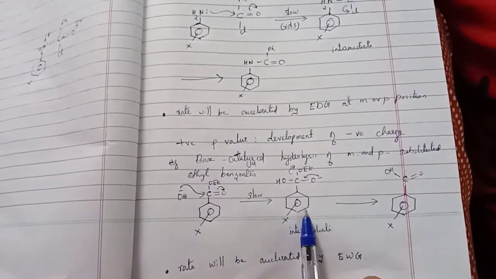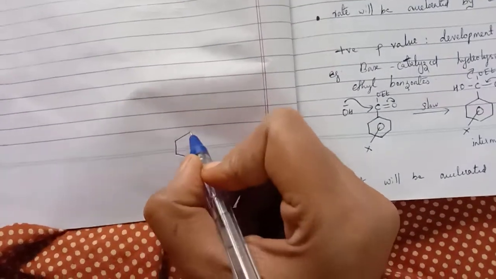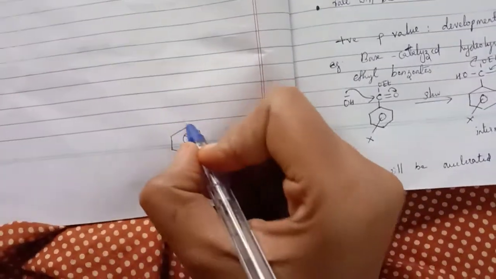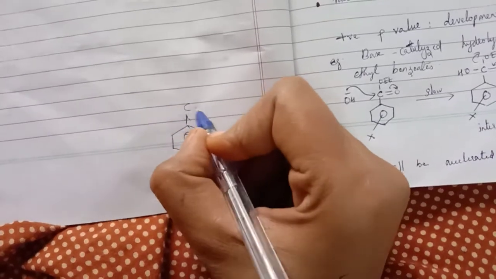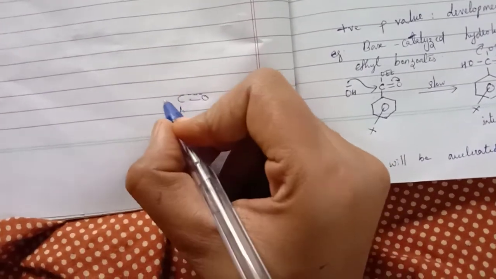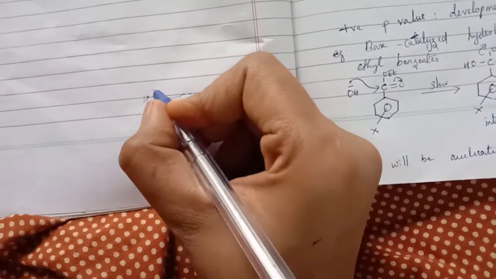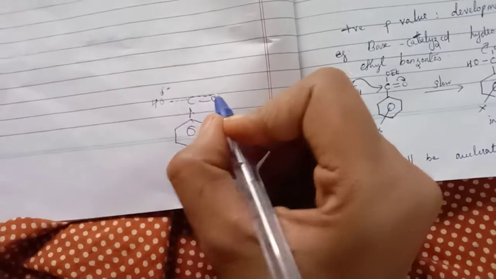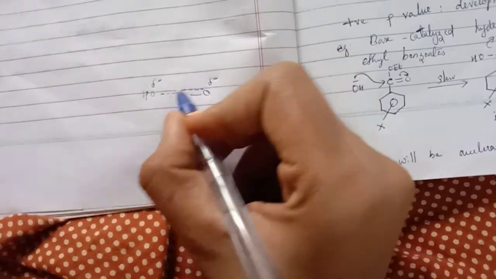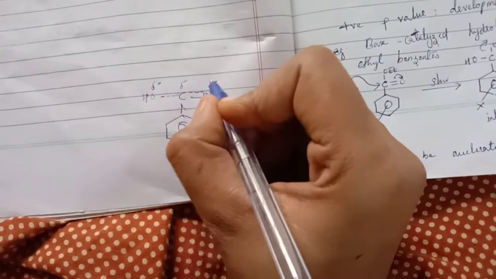Okay, we can consider like that, or we can consider the transition state. Transition state will be like this. OH like this. OH will be having delta negative charge. Here also it will be delta negative charge, like a conjugation.